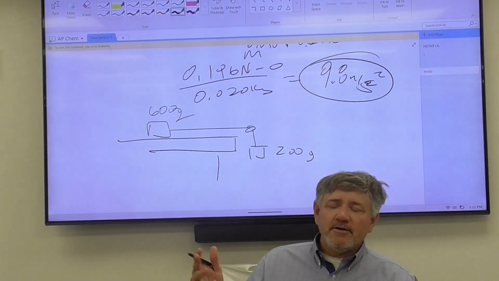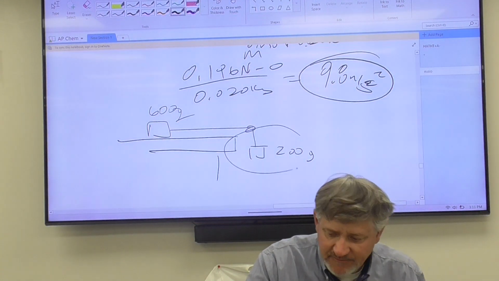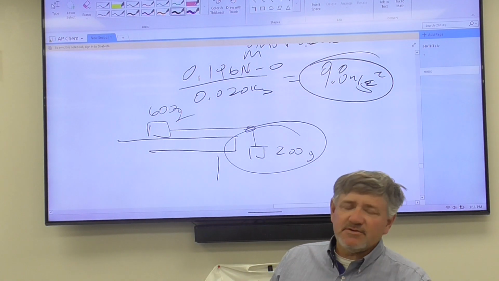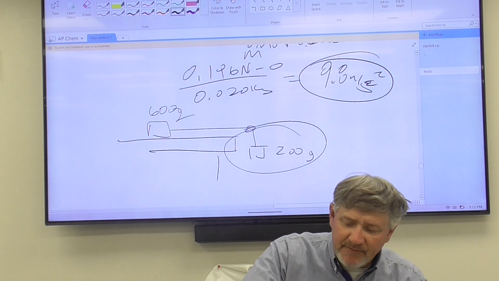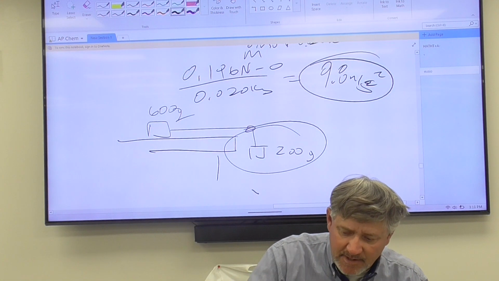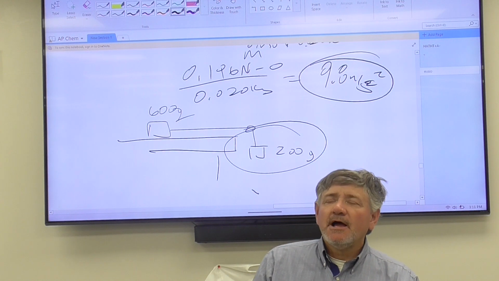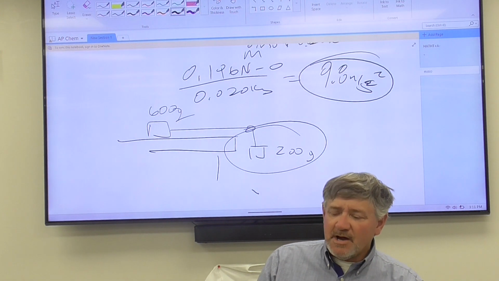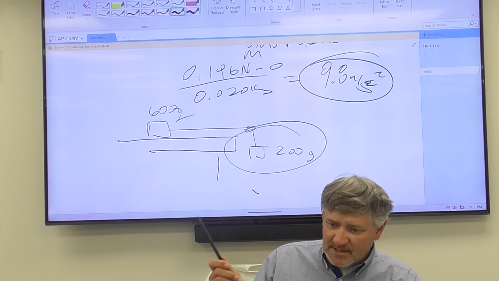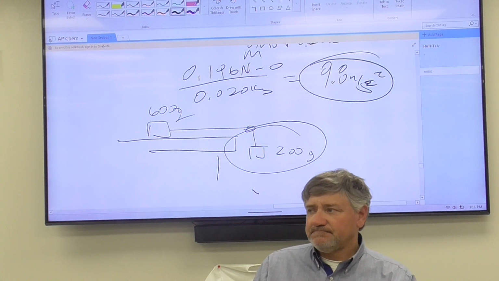So right away, you got the 200 gram mass. Focus on that. Focus on the 200 grams. Is gravity going to be pulling down on that 200 gram mass? Yes. Luke, how am I going to determine the amount of force created by gravity acting on that mass?